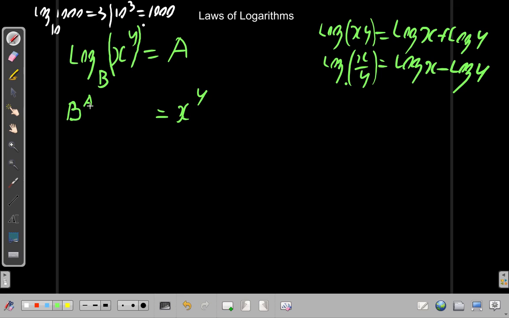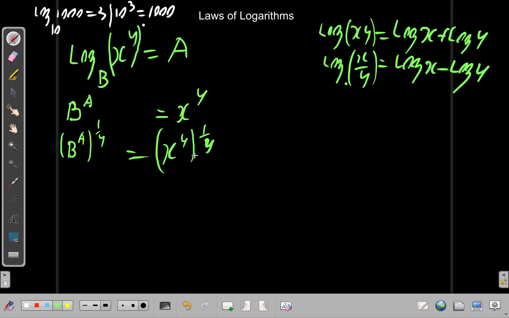In other words, you're going to find the y root of each. But we use raising to the power of 1 over y. So if you raise b to the a to the power of 1 over y, it will become b raised to the power of a, and that raised to the 1 over y equals, so you have x to the y raised to the power of 1 over y, or 1 divided by y. Alright?